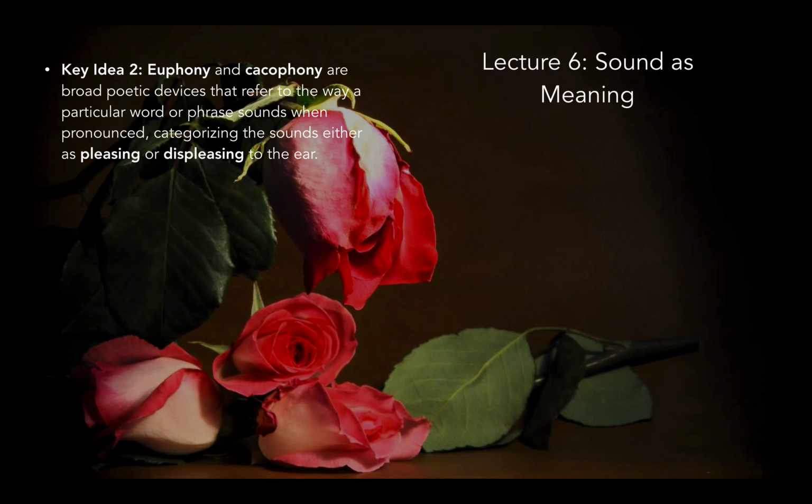For those of you that are familiar with music and have played music, you know that a sophisticated, good piece of music plays with two different major forms of sound. It oftentimes will be harmonious and euphonic. It will resolve when it's supposed to resolve.